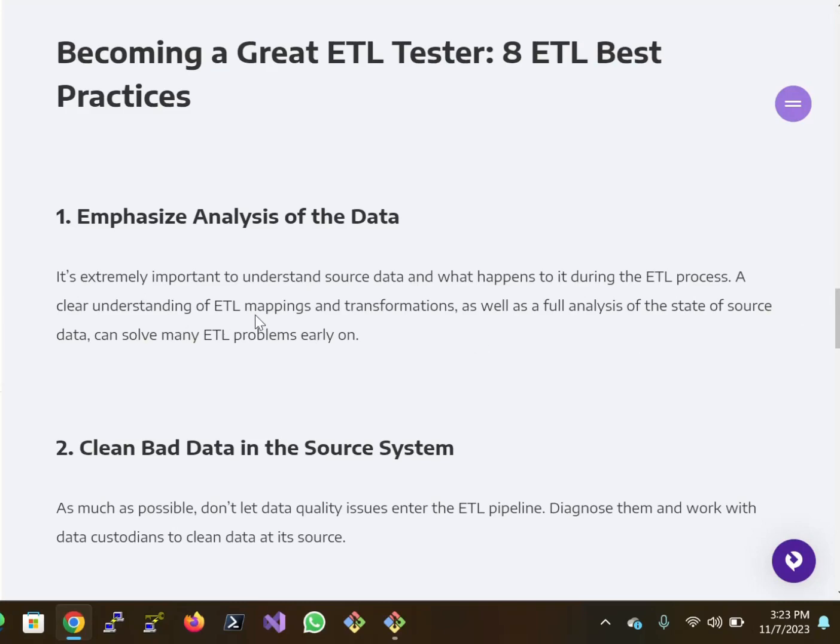A clear understanding of ETL mappings and transformations, as well as full analysis of the state of source data, can solve many ETL problems early on. You have to understand the mappings and transformations already applied in the ETL flow, from source to target.